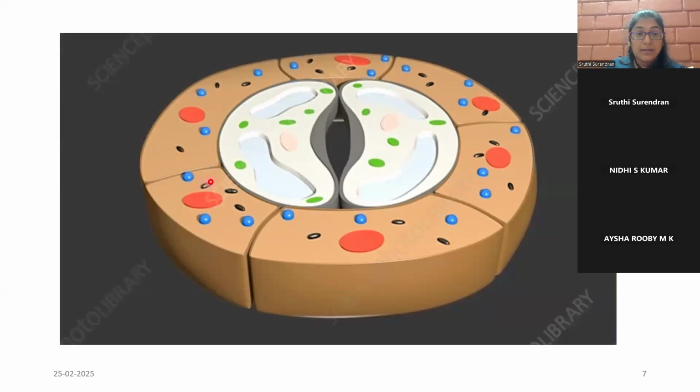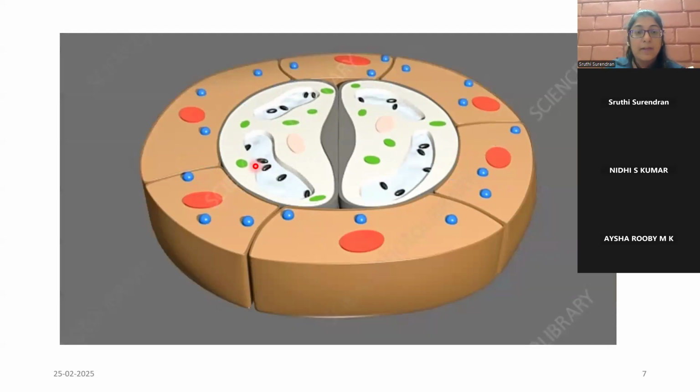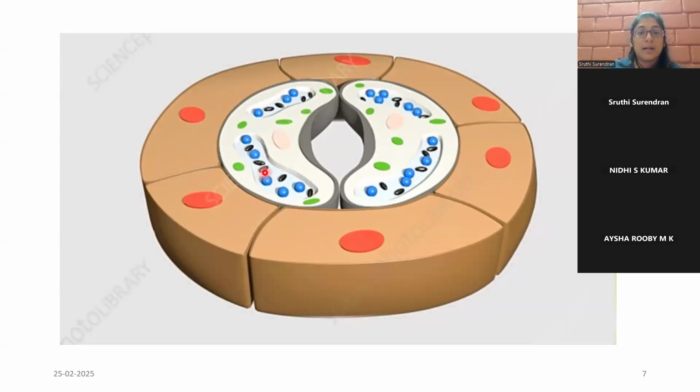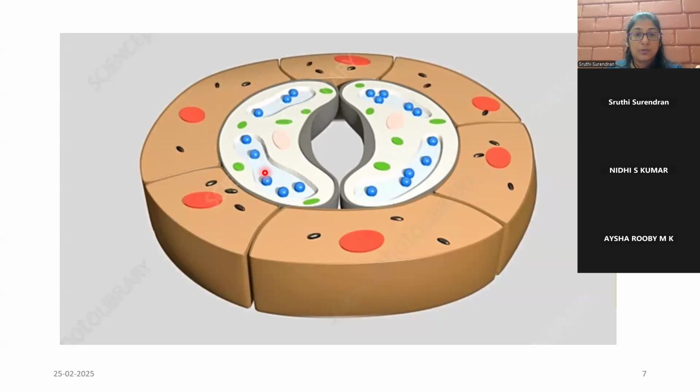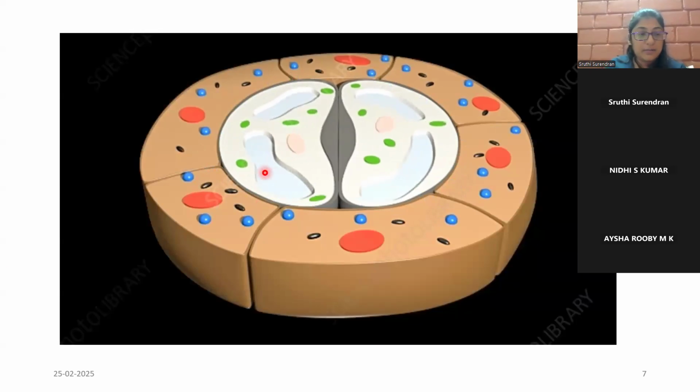These small particles are representative of potassium ions. When they enter the guard cells, the stomata opens, and when they are leaving the guard cells, the stomata is closing.